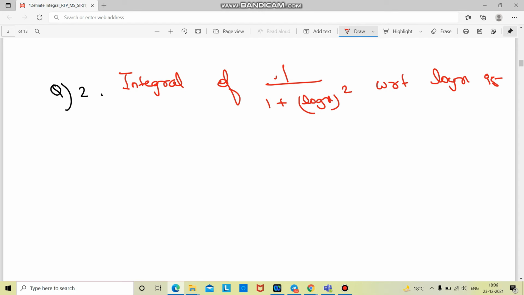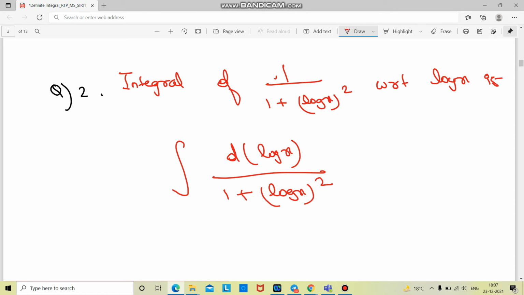So actually we have to find the integral of d(log x) by (1 plus log x) whole squared. This is what we have to find.